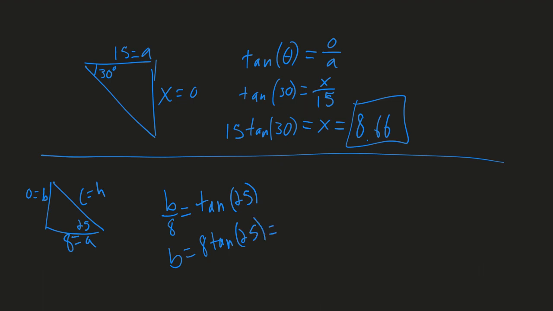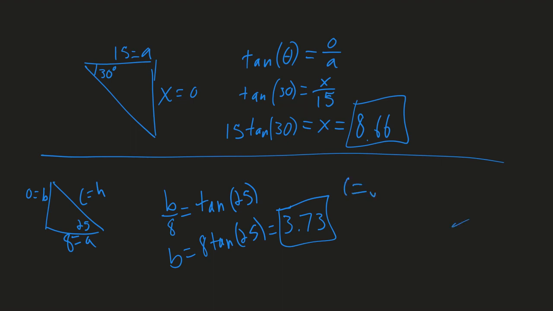And we get 3.73. Now that I have the opposite side, I could do Pythagorean theorem, or I could use another trigonometry function. I'm going to do Pythagorean theorem.